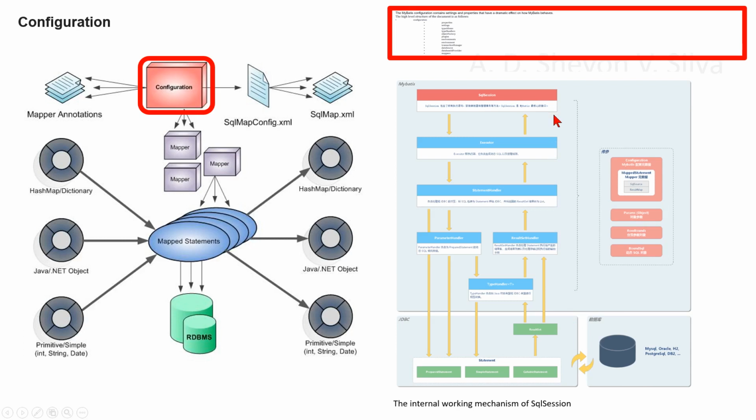Next we analyze the source. Here the SQL session internal processing mechanisms for insert, update, delete, and select are basically the same. So next I will take the complete select query process as an example.